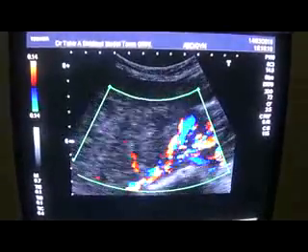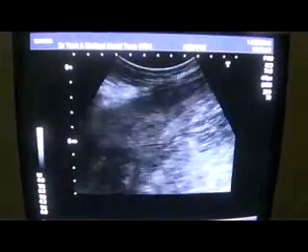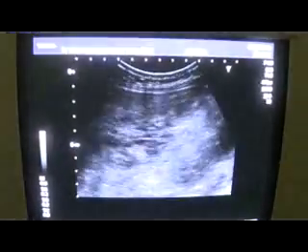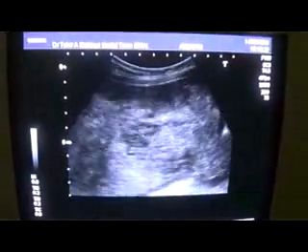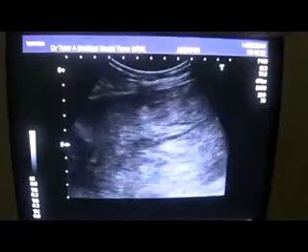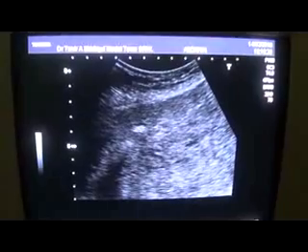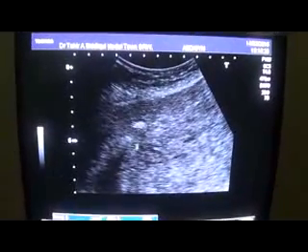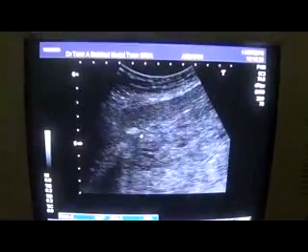So now I am going to take you to the mass, to see the configuration, the appearance, the texture of the mass. Here we see an echogenic area, this one. It gives a faint shadow though. Now this is a calcification within it.